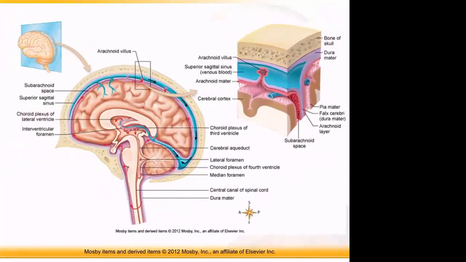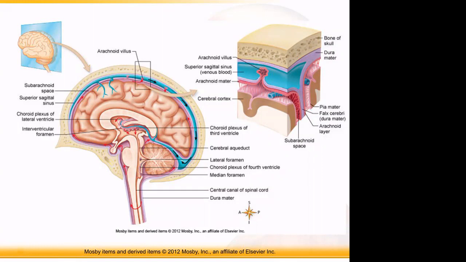You see how it flows around the brain from the ventricles. That's a good image. So it's the same fluid. Let me remind you again. This is the same fluid that flows around the spinal cord also. So if they believe that there might be an infection around the brain, for instance, they could check that fluid.